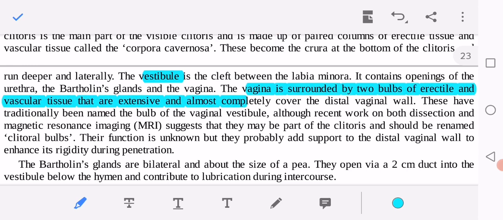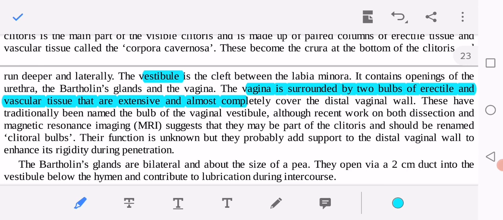Vagina is surrounded by two bulbs of erectile and vascular tissue that are extensive and almost completely cover the distal vaginal wall. These have traditionally been named the bulb of the vaginal vestibule, although recent work on both dissection and magnetic resonance imaging suggests that they may be part of clitoris and should be renamed clitoral bulbs.